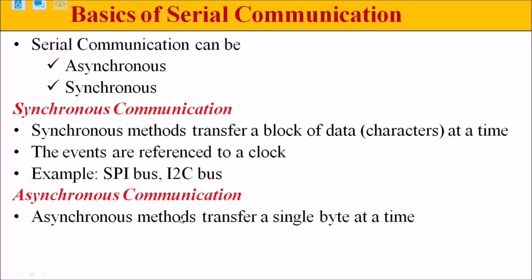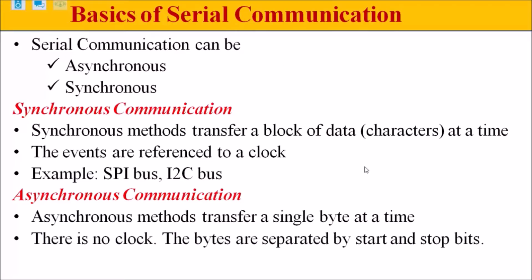In asynchronous communication, both devices, receiver and transmitter, work on their individual clock signals. So separate clock signals are available for both transmitter and receiver, and the transmitter only transmits data. It will not transmit a clock signal. So both work on different clock signals. But since it is communication, there must be synchronization between transmitter and receiver.